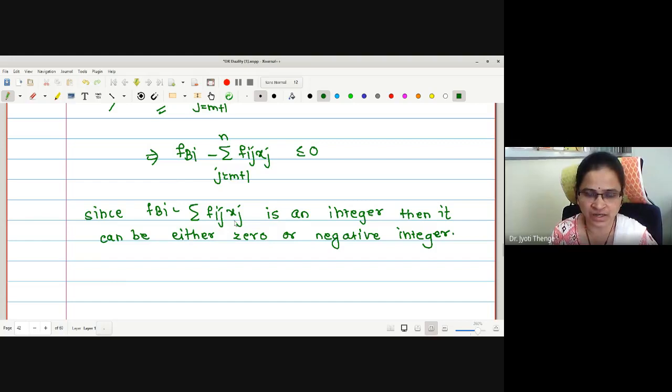Therefore, we can write it by converting this less-equal constraint to greater-equal, or rather to an equality.